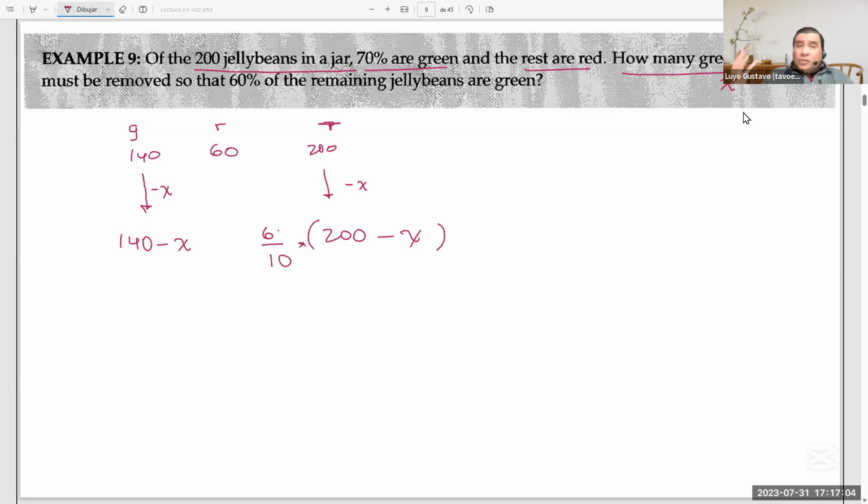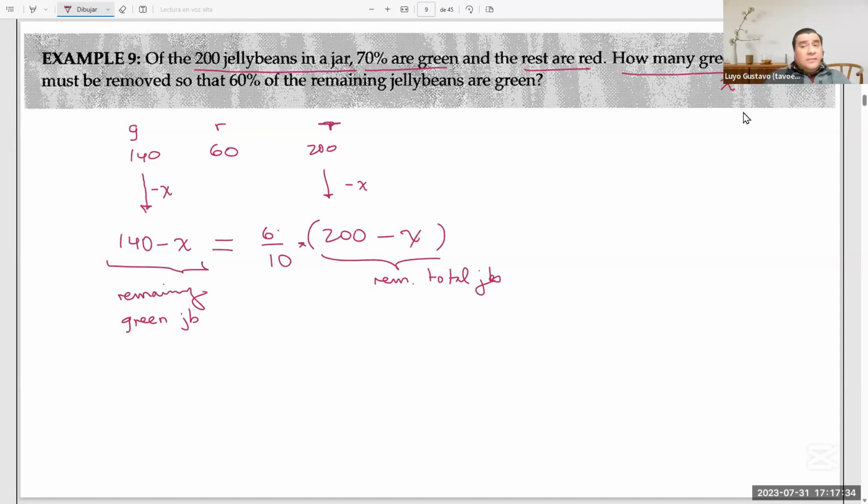This is actually the total number of green jelly beans left in the jar. So we have an equality. The remaining green jelly beans versus the remaining total jelly beans.